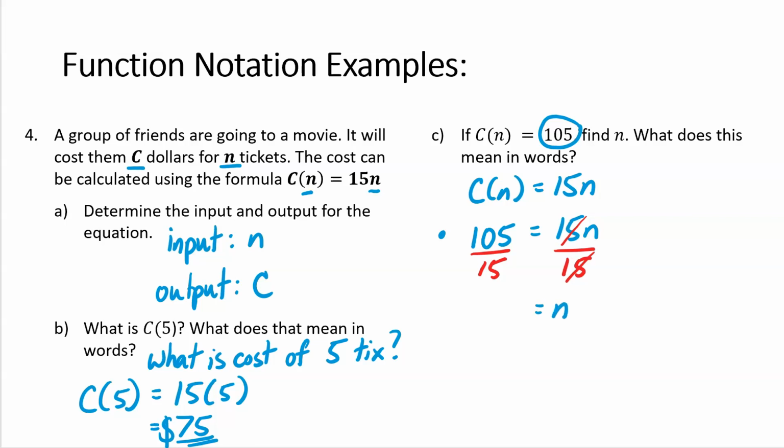So 105 divided by 15 is 7. So that means N equals 7. So 7 tickets cost $105.